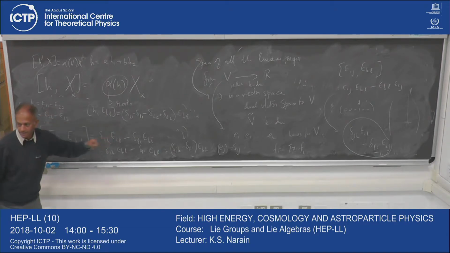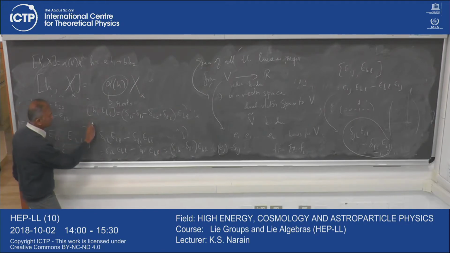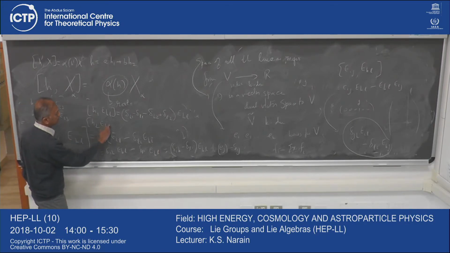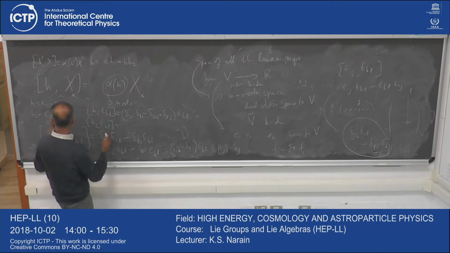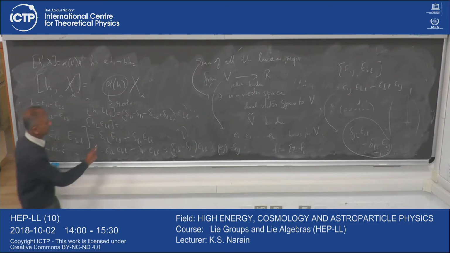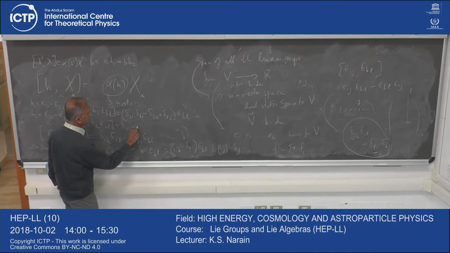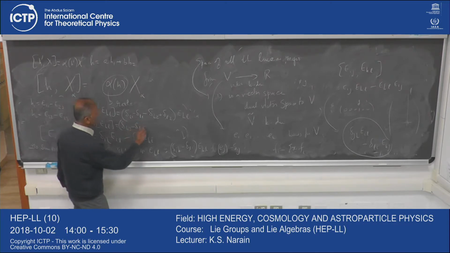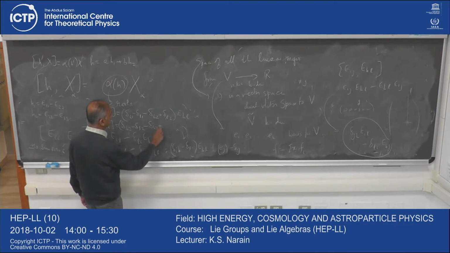Okay, so we got that. Similarly for H2 with EKL, now this is 2 and 3. So you'll get here delta K2 minus delta L2 minus delta K3 plus delta L3.